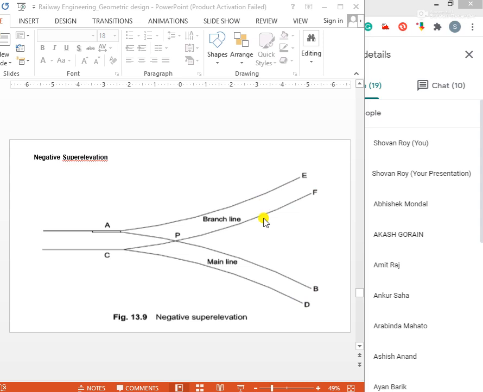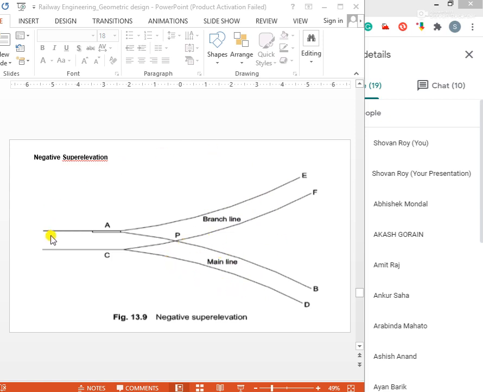So not only the branch line, the main line also, speed should be restricted for these cases. Negative super elevation is provided for the branch line, and no super elevation is provided for the main line.